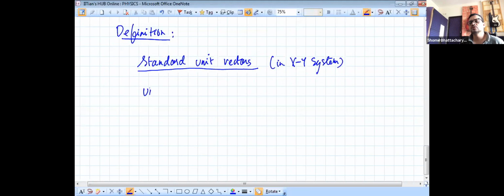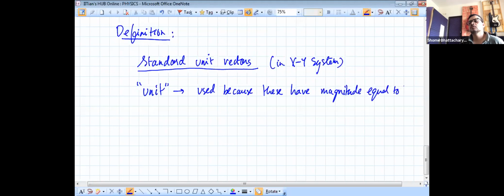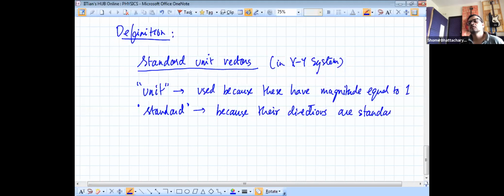So the meaning of the term unit over here, this is used because these have magnitude equal to 1 and standard because their directions are standardized.